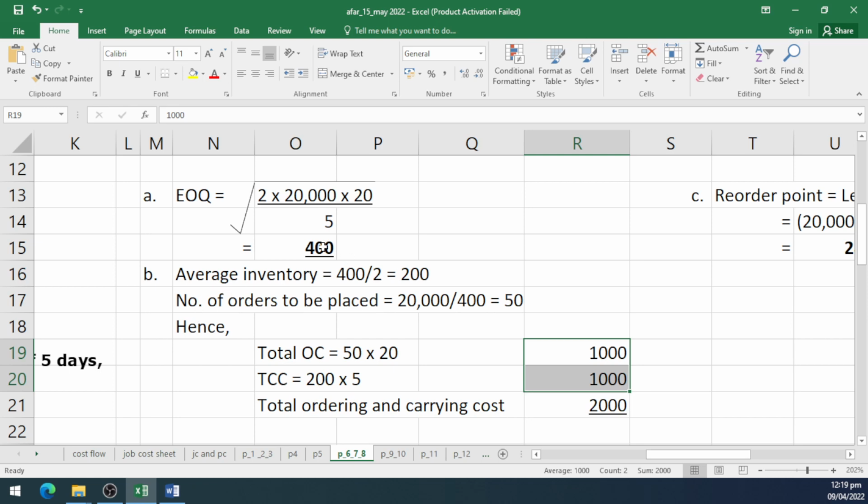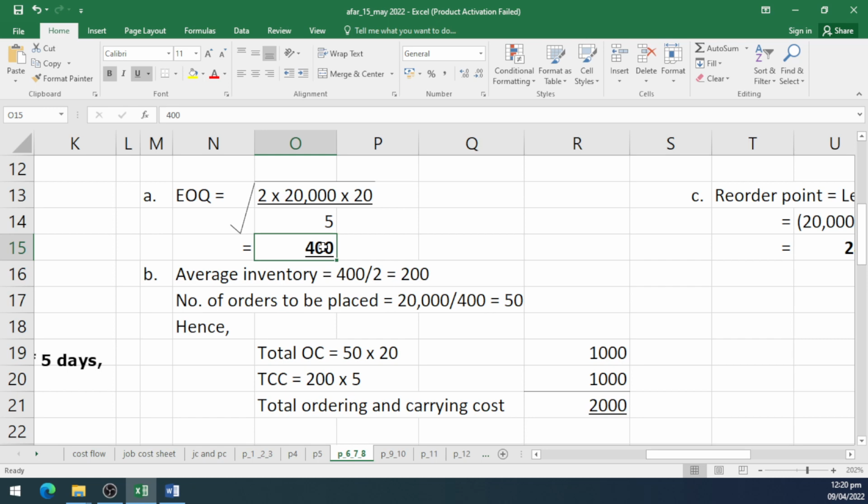If the order size is 400 units, tuwing mag-place ng order, it will be for 400 units. If your order size is 400, ang average inventory mo is 200 units. And how to determine that? That's very simple. Order size divided by 2. In this case, because our order size is the EOQ, EOQ divided by 2.